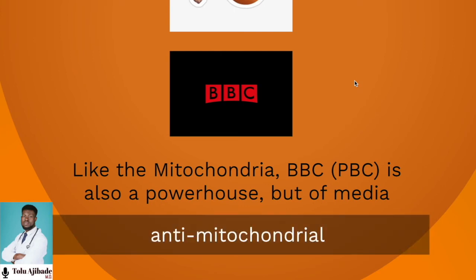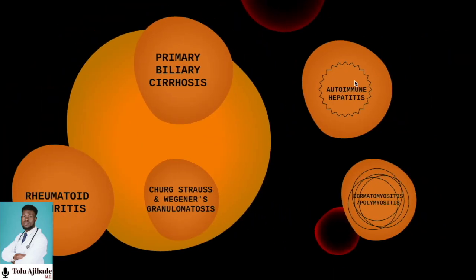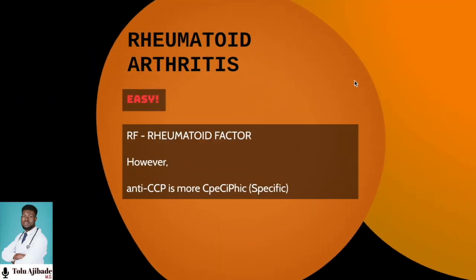So, primary biliary cirrhosis, PBC, for anti-mitochondrial antibodies, powerhouse, okay? That could be a little complicated, but I believe you're able to pick that up and remember it forever. Never forget, okay?